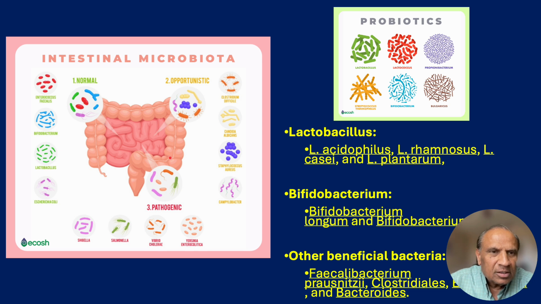One is the normal bacteria type. These are called good bacteria or helpful bacteria, and they are like lactobacillus, bifidobacterium, and faecalibacterium. Then there are opportunistic organisms.